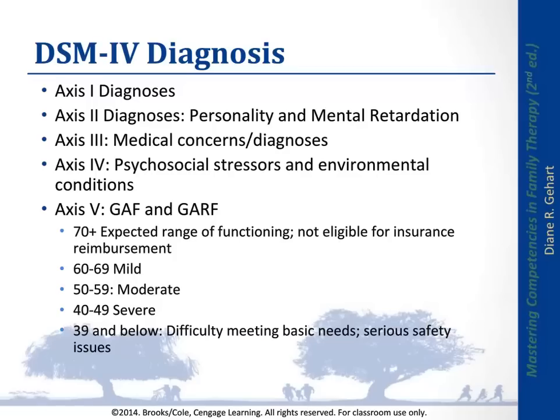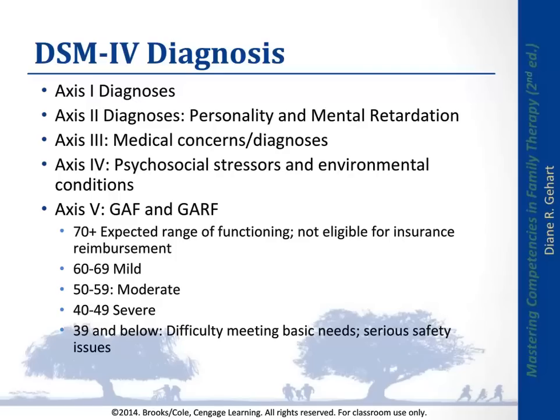So in the beginning we have here axis 1, which is where you're going to put most of your mental health diagnoses, such as major depressive disorder, adjustment disorder, schizophrenia. Axis 2 was an axis just for personality disorders and mental retardation. These were mental health diagnoses, but they were pulled out because they were considered more pervasive.